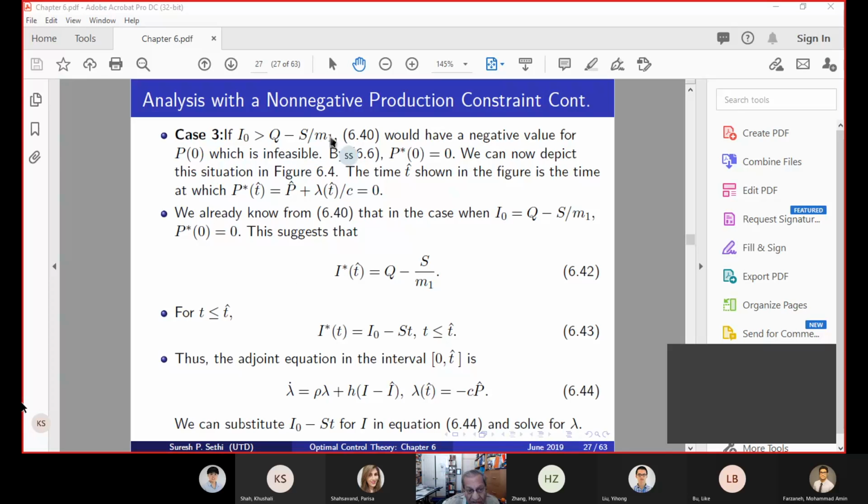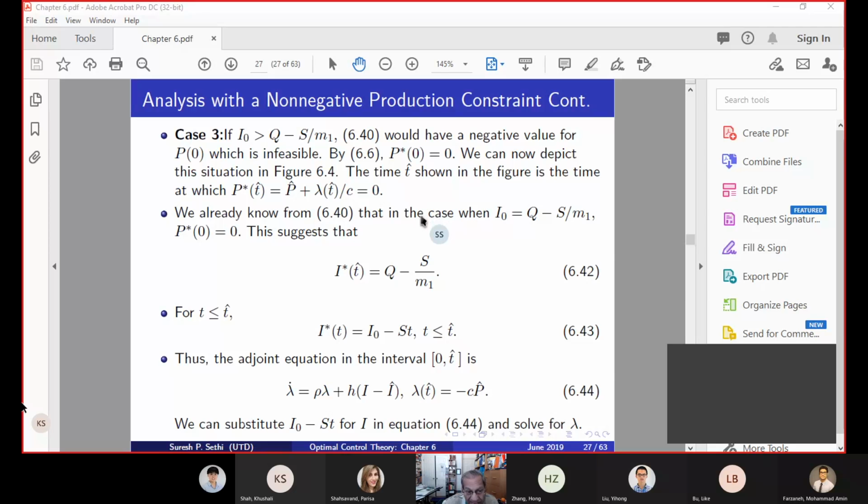Okay. So now I0 is bigger than Q minus S by M1, which would give a negative value at P0, which is infeasible. So I would have P star of 0 equal to 0. And then by looking at the picture, we can see that the P star T hat is going to be exactly equal to 0.